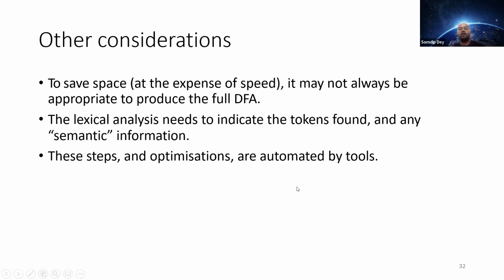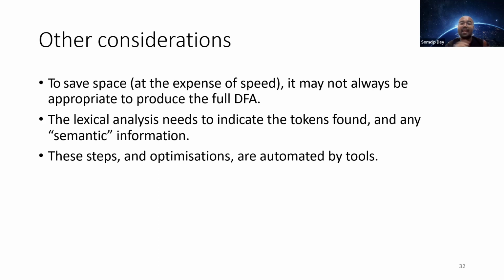Now, a few other considerations that we have to keep in mind: to save space at the expense of speed, it may not always be appropriate to produce the full DFA, because a DFA can also be complicated for some particular cases, and it might hinder the speed of execution.